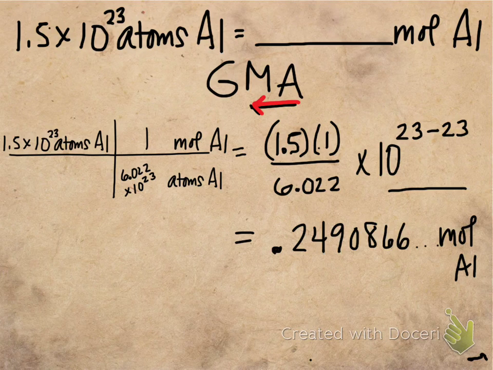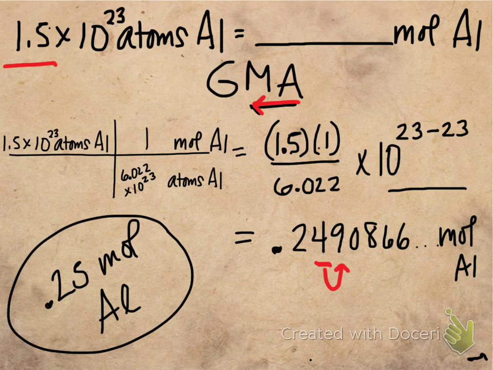All right, let's get a raw answer. I get 0.2490 blah, blah, blah moles of, times 10 to the 0, which is 1, moles of aluminum. And how many sig figs do I get? Aha, 2. So I'm going to keep this digit and round based on the digit that follows. The final answer is 0.25 moles of aluminum.